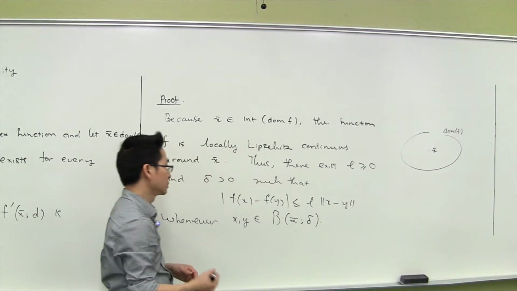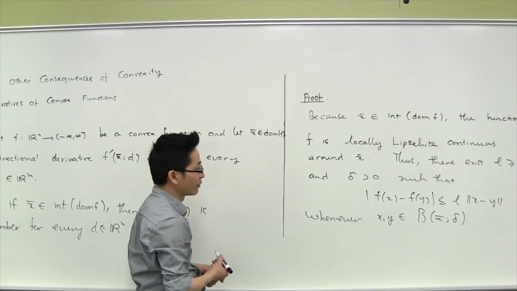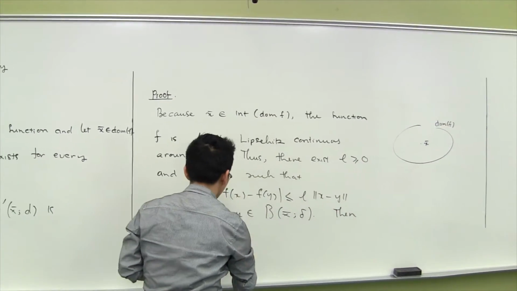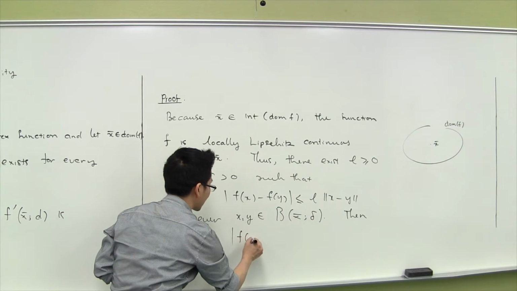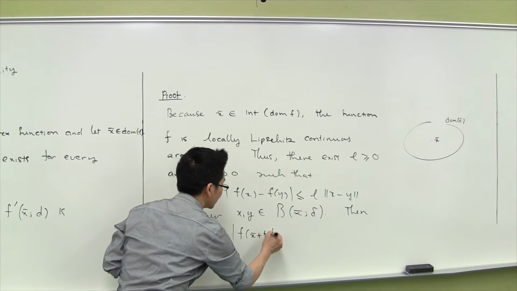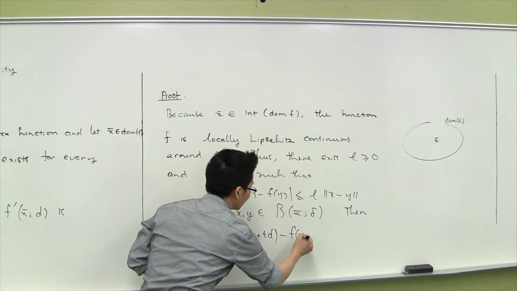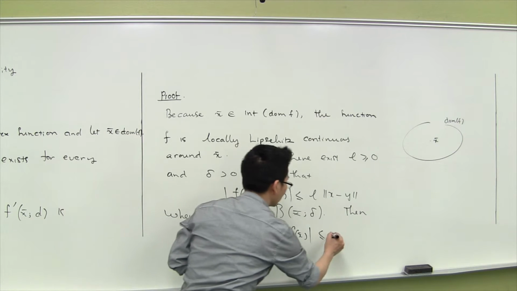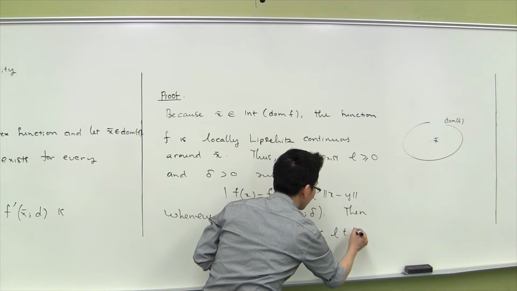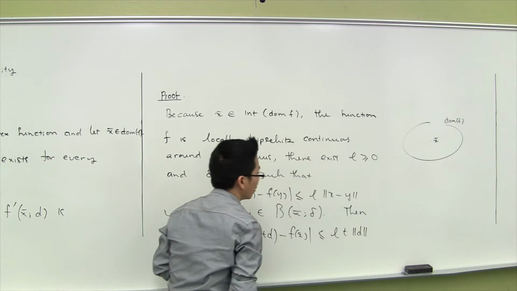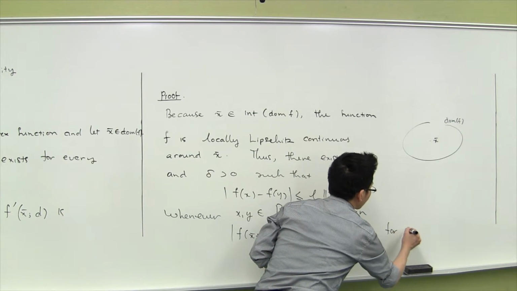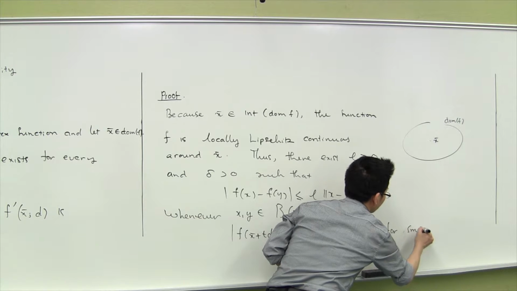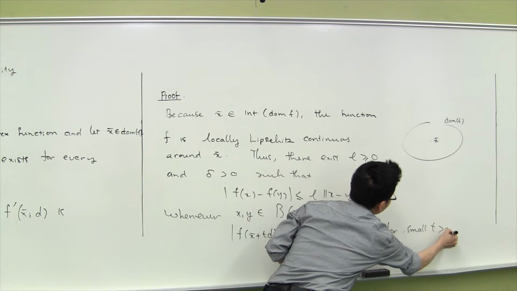Okay. So then we obtain the following: the absolute value of f of x bar plus t times d minus f of x bar is less than or equal to L times t times norm of d for small t greater than 0.